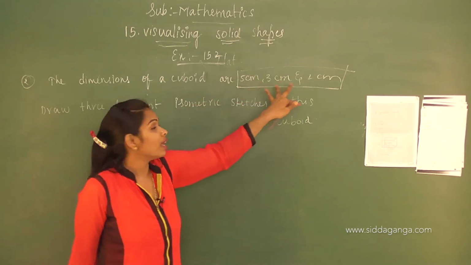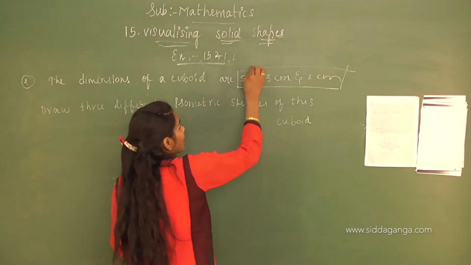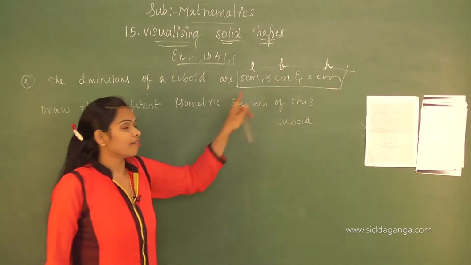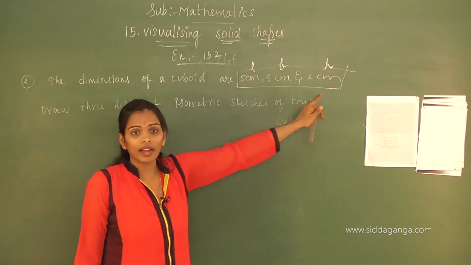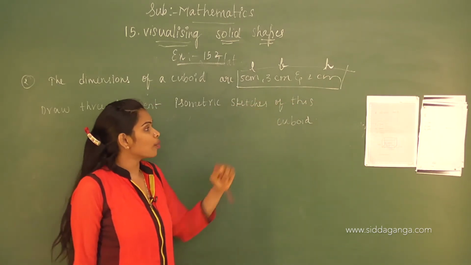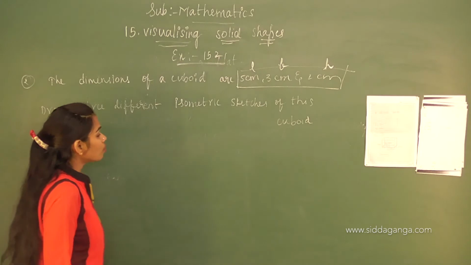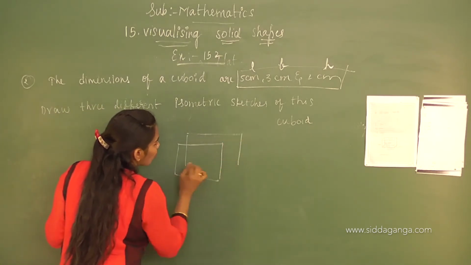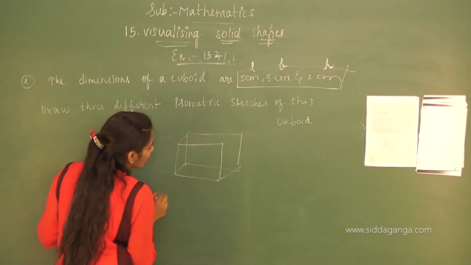How they will give the dimensions means first length, next breadth and then height of the cuboid. Here we have to draw this cuboid on an isometric dot paper.